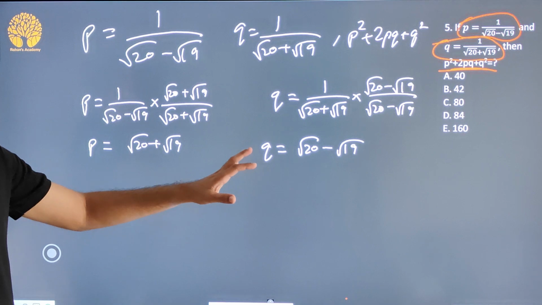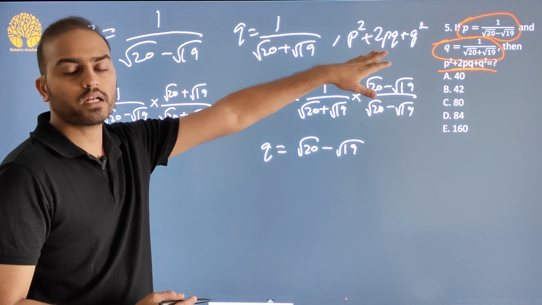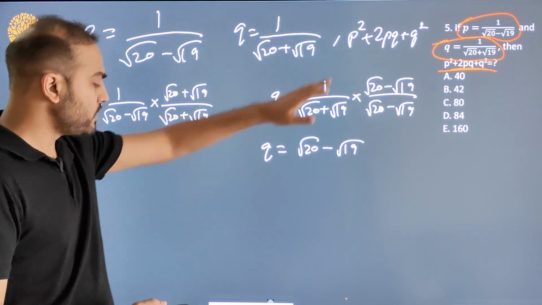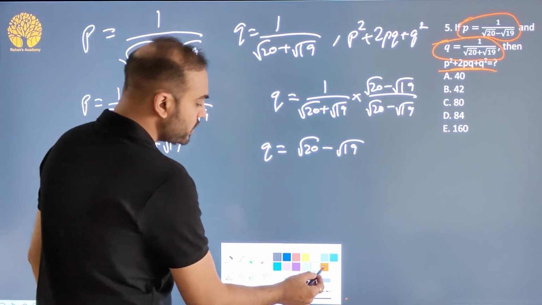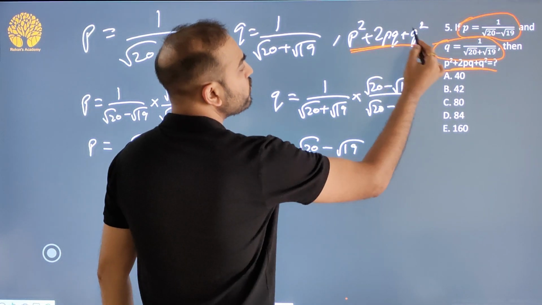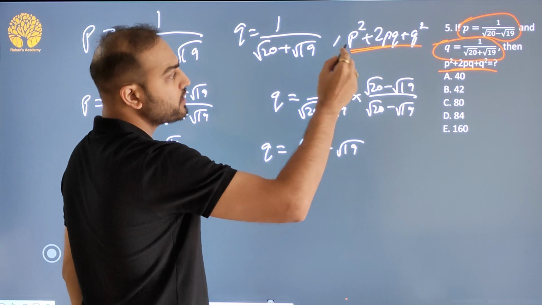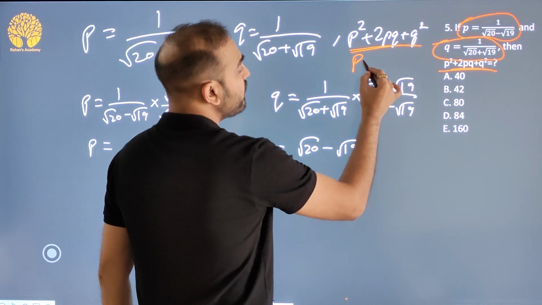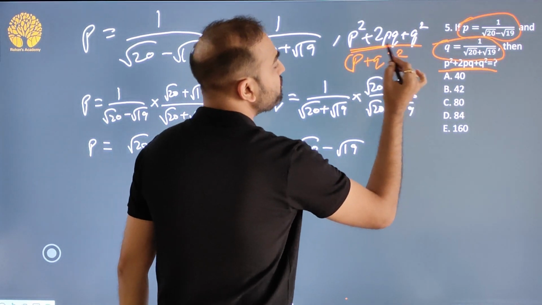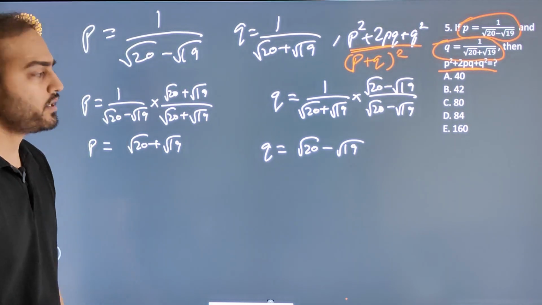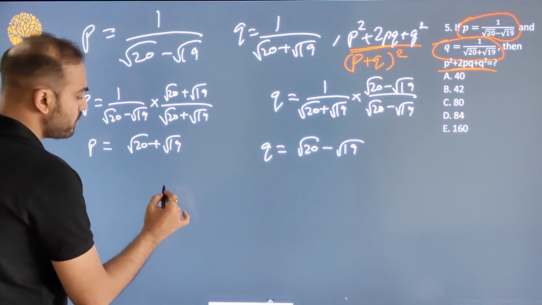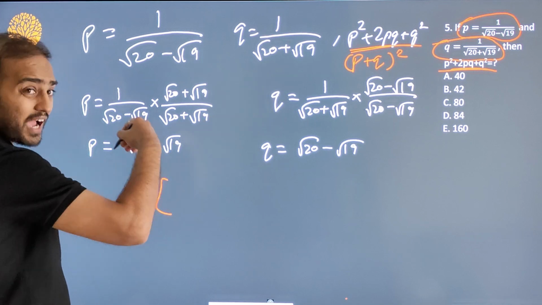Now that you have P and Q, again don't just jump and directly substitute the values. See what it is that they want. They want P square plus 2PQ plus Q square. Does it look familiar to any formula? This is P plus Q the whole square. So now I substitute.